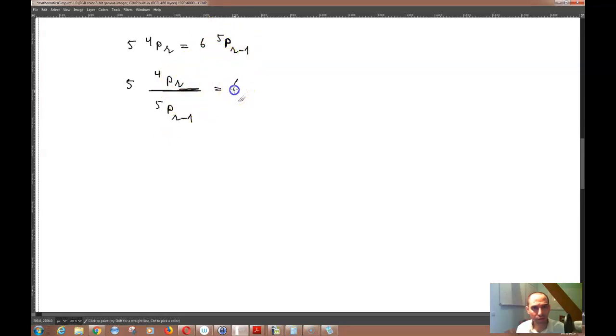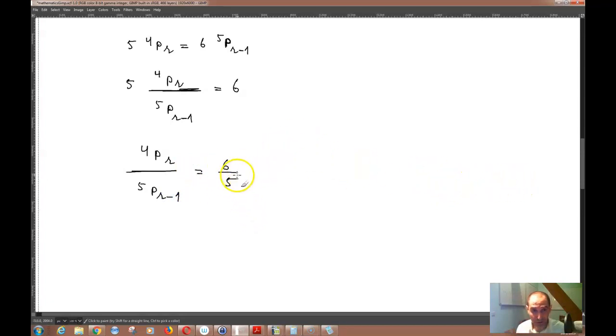I'll get a 1 over here, so I'll get a 6. And then that means that then divide both sides by a 5. I would get 4 permutation r divided by 5 permutation r minus 1 is equal to 6 divided by 5.